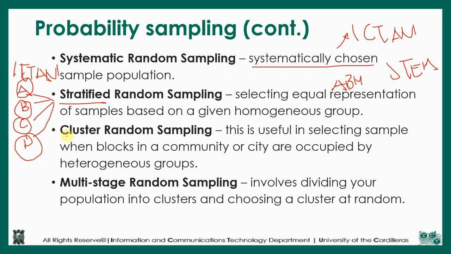Not stratified, but cluster random sampling has a similar process, but this is more when dealing with a large group of people, especially in a city. So this usually has very big heterogeneous groups. An example is Baguio City. Obviously we have a lot of demographics here.